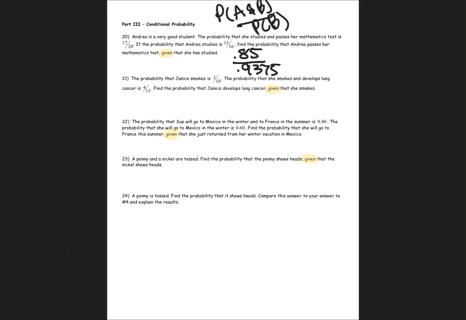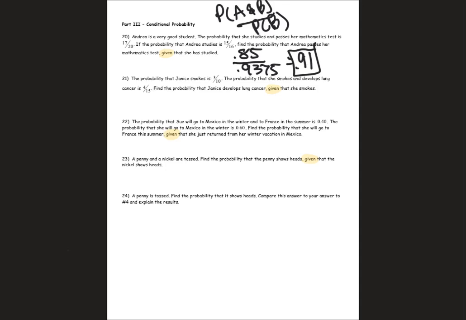So 0.85 divided by 0.9375, and that gives you 0.91. Now, that's your probability. So you're going to leave it as 0.91. Okay? So I can erase that. So 0.91 is your probability.